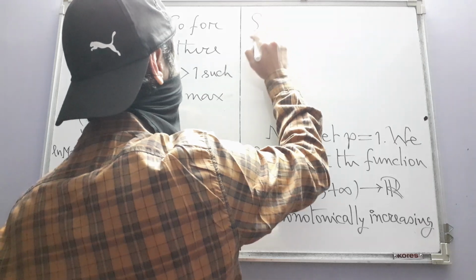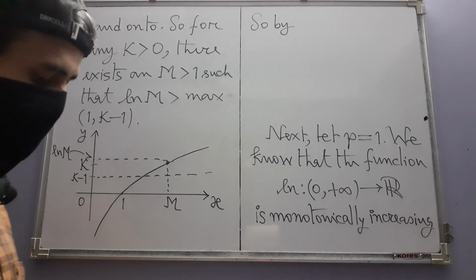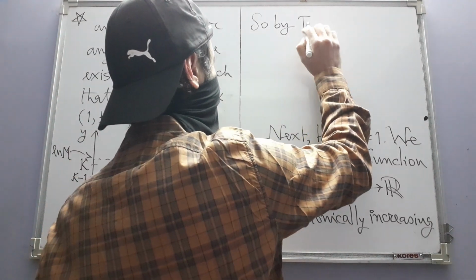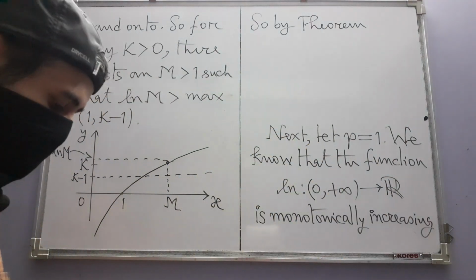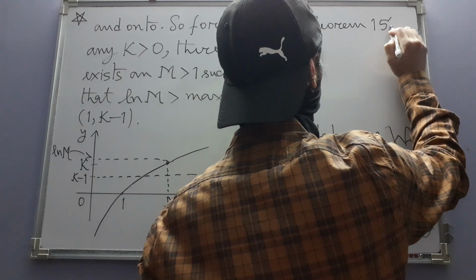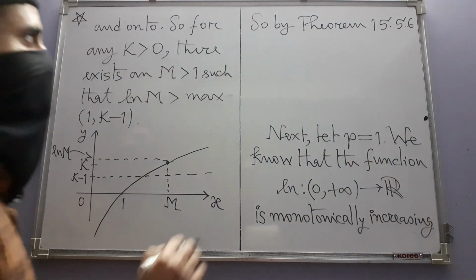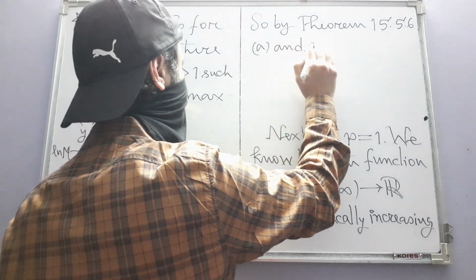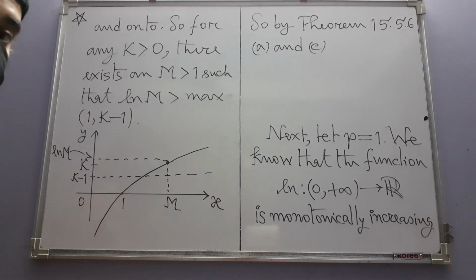So, again we are going to use some results that we will see only much later in this book. Theorem (1556). It's actually in the second volume, parts A and C. This theorem tells us properties of the logarithmic function.